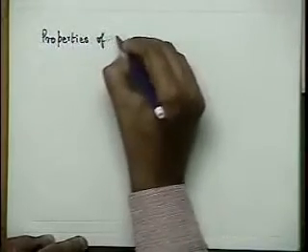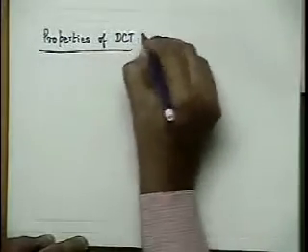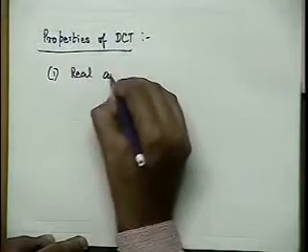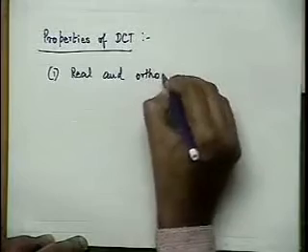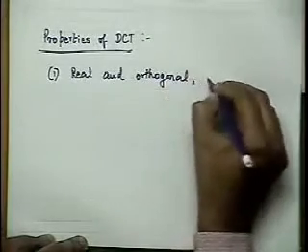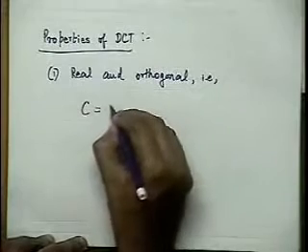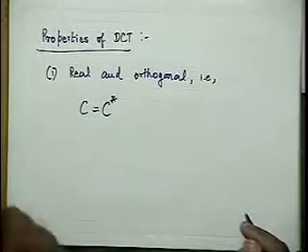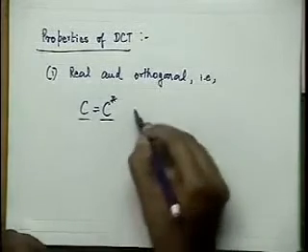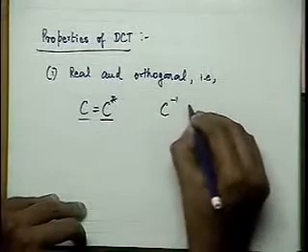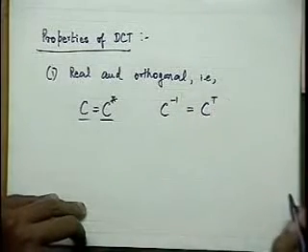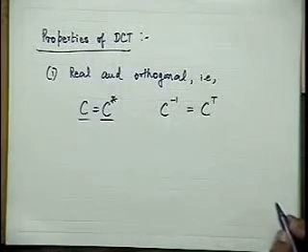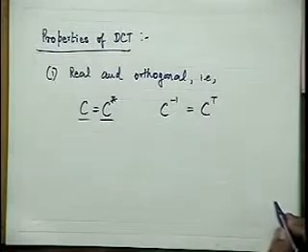Properties of DCT: first, it is real and orthogonal, meaning C is equal to C transpose, because all the elements are real. And another property is that C inverse is equal to C transpose. The inverse is equal to the transpose because it follows the orthogonality property.